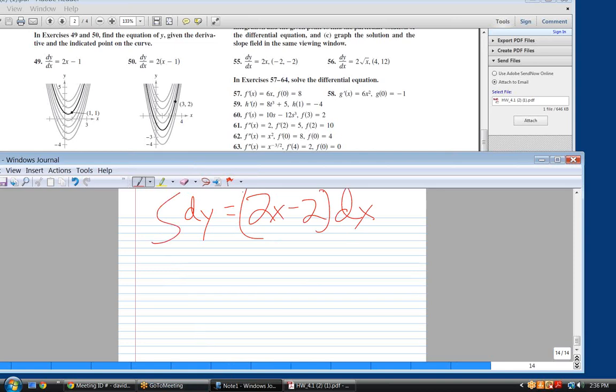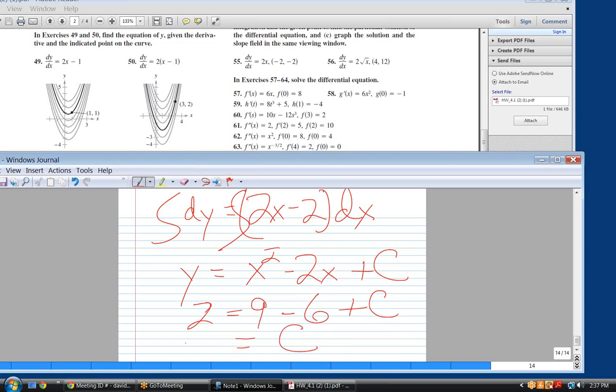And then take the integrals, so we would get y equals x squared minus 2x plus c. And then we just plug in the 3, 2, which gets us 2 equals 9 minus 6 plus c. So then we get c is equal to -1.